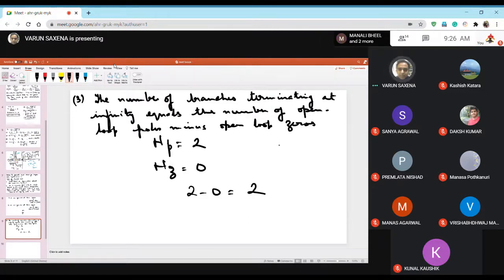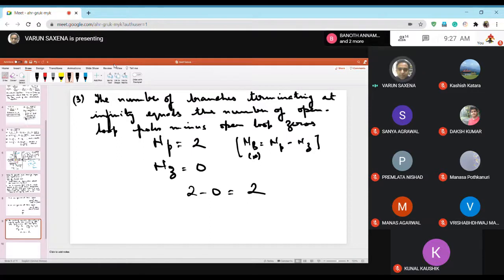And this is a simple formula. The number of branches terminating at infinity is basically NP minus NZ, the number of open loop poles minus the number of open loop zeros. In our problem, the number of open loop poles was 2, which were -a and 0, and the number of zeros was 0.